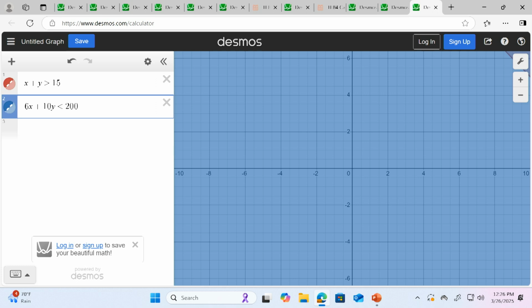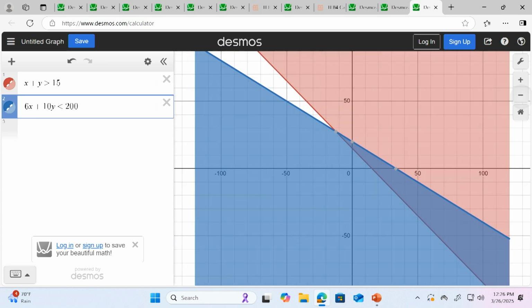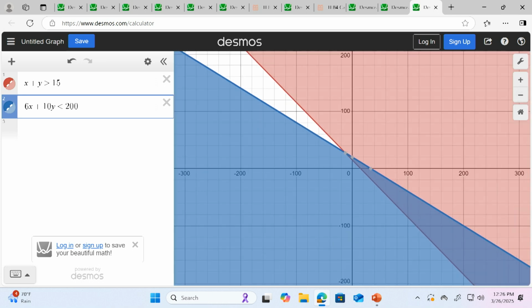Whoa, all I see is blue. Maybe we need to zoom out some. There we go. So this is what my graph of these inequalities looks like. So now on our notes page, that next question says, give some possible answers, okay?